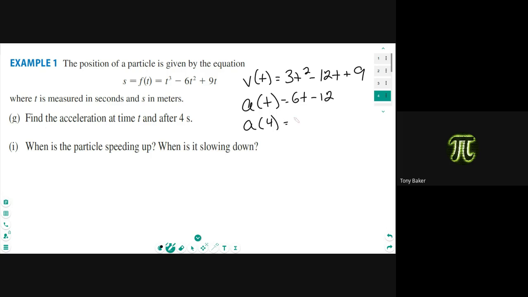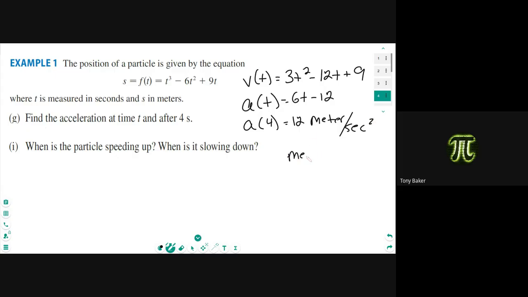So after 4 seconds, how fast is it going? Or how fast, what's the acceleration? And this is actually listed as meters per second squared.